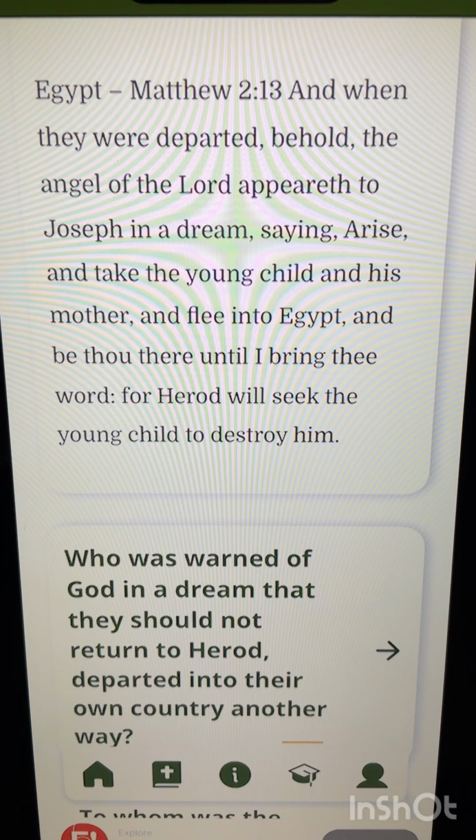That is in Matthew chapter 2, verse 13, which says, and when they were departed, behold, the angel of the Lord appeared to Joseph in a dream, saying, arise, and take the young child and his mother, and flee into Egypt, and be thou there until I bring thee word, for Herod will seek the young child and destroy him.